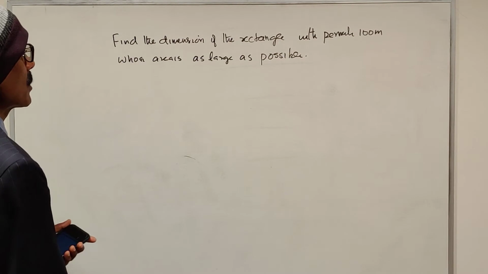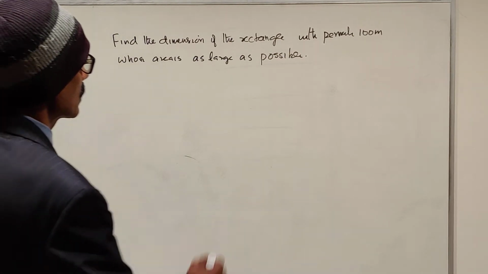Okay, find the dimension of a rectangle with perimeter 100 meters.